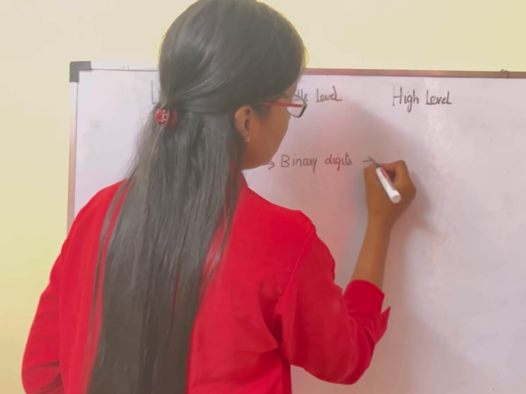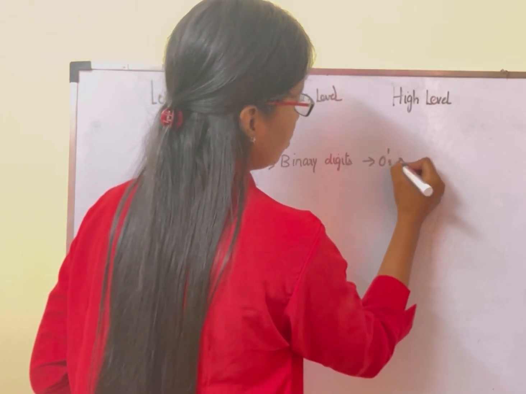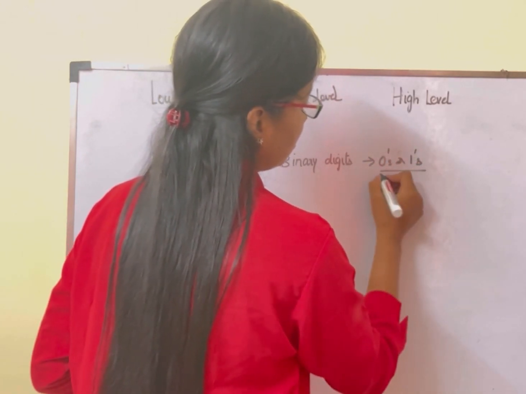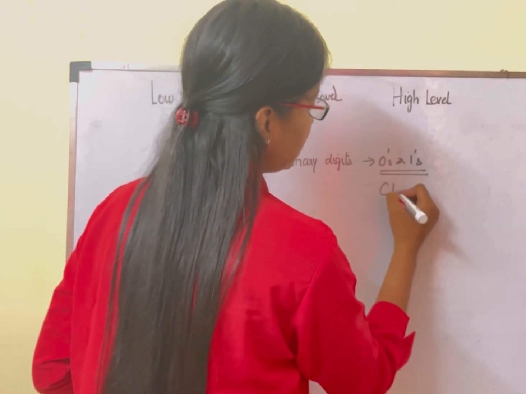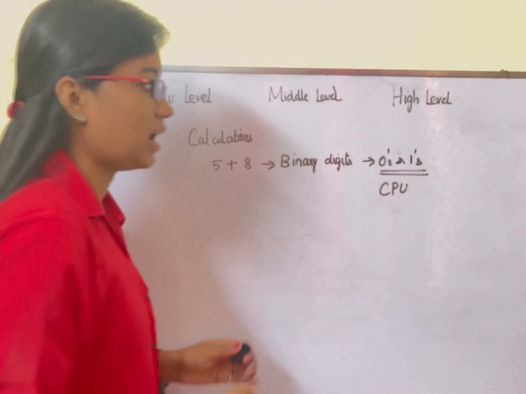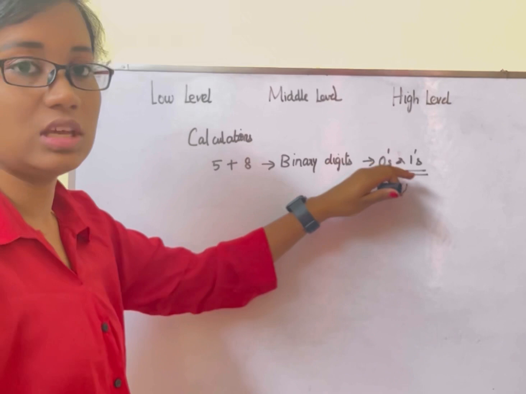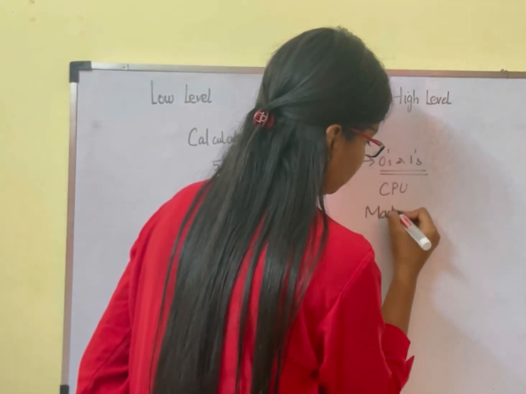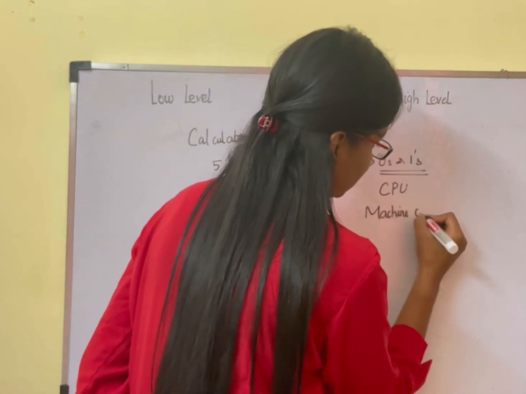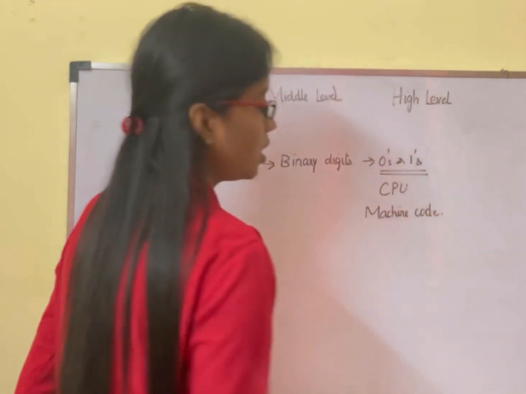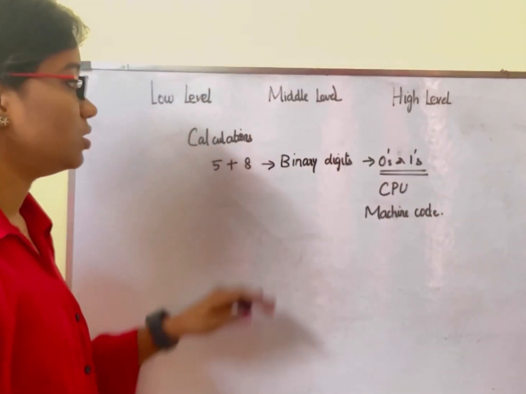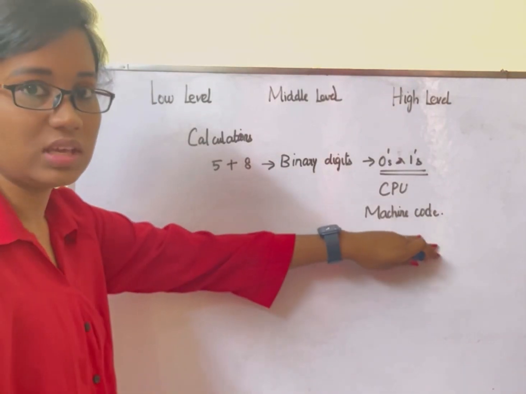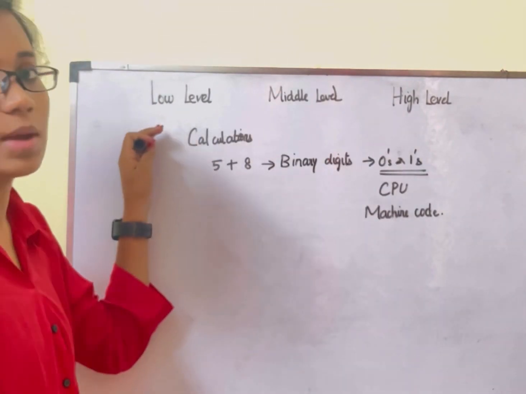Binary digits are zeros and ones, which is the only thing that the CPU can understand. This kind of code that we give in the form of zeros and ones is known as machine code, which is very easy for the machine to understand but very tricky for human beings. So this kind of coding is known as low level programming language.